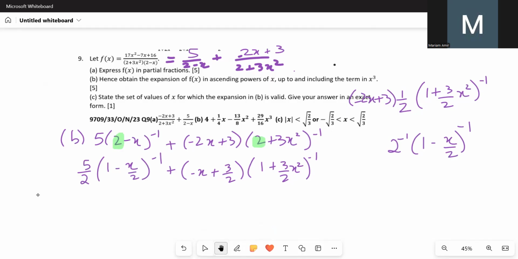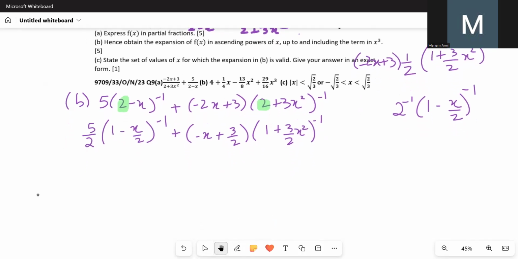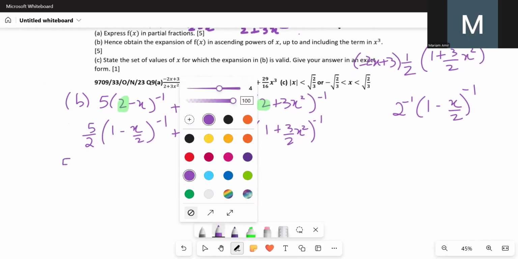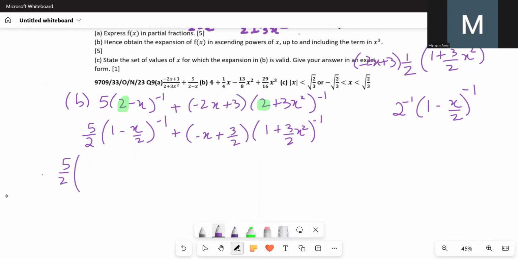Okay, so 5 over 2, (1 plus (minus 1)(minus x over 2) plus (minus 1)(minus 2) over 2 factorial times (minus x over 2) squared plus the cube term as well.